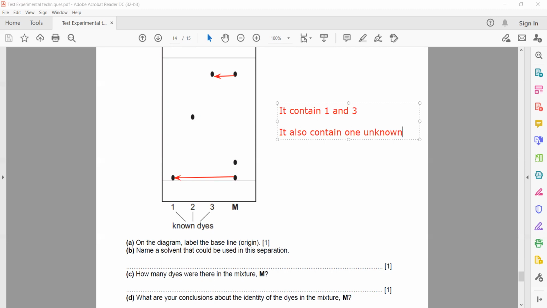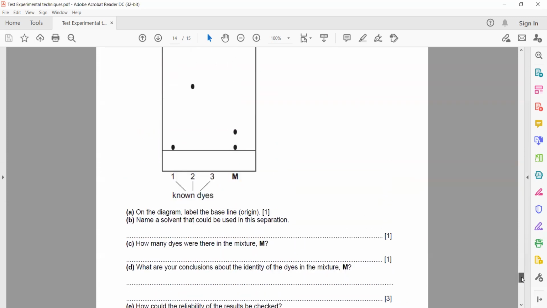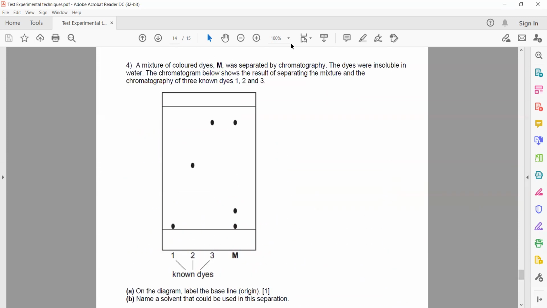We don't know which substance is responsible for this spot, so this is an unknown dye. There are 2 known dyes, 1 and 3, but there is also another extra spot, so that is the unknown dye. And why is it 3 marks? 1 mark is for mentioning it contained 1, 1 mark is for mentioning it contained 3, and 1 mark is for mentioning it contained an unknown substance.